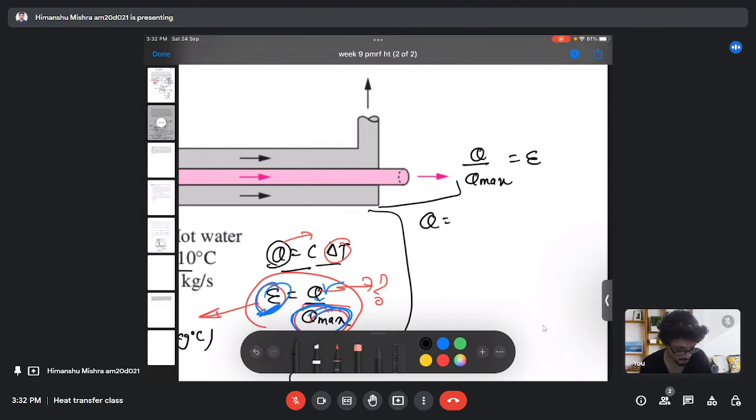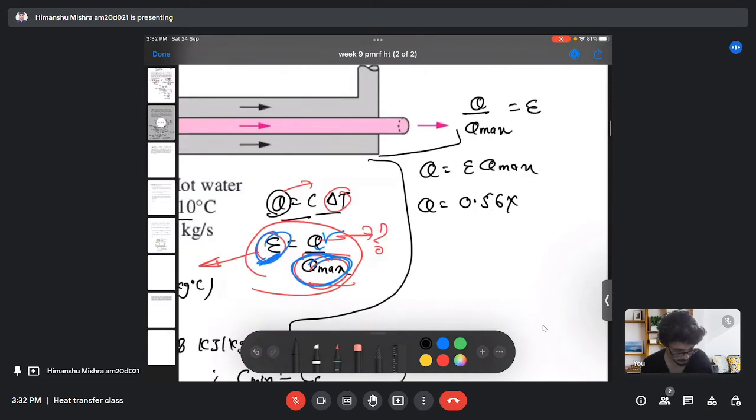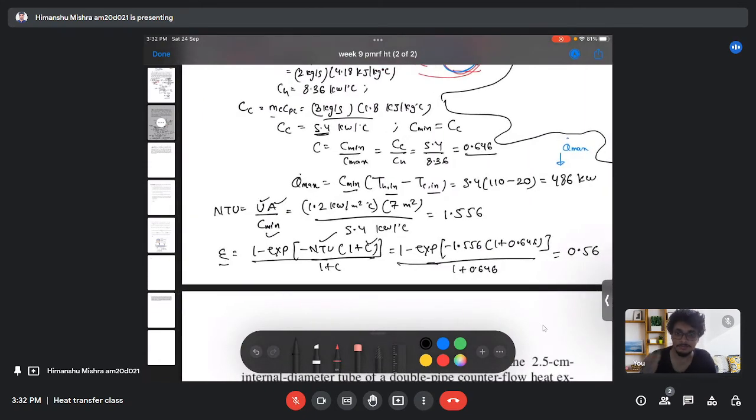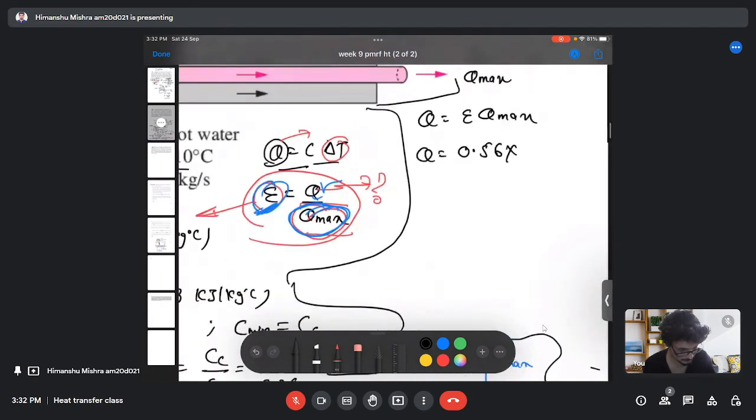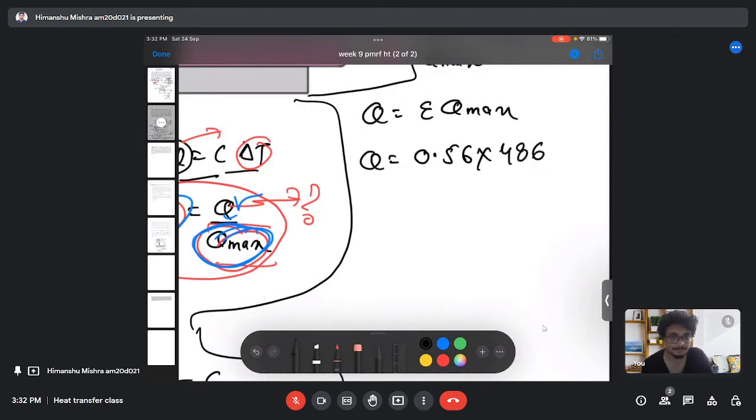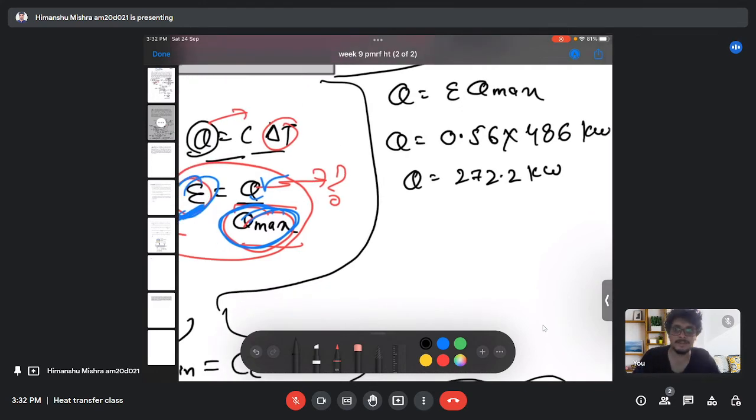So my actual heat transfer will be the maximum heat transfer that we found, 486 kilowatt, times the effectiveness. So 272.2 will be my actual heat transfer. So now we can find the temperature using simple Newton's law of cooling.